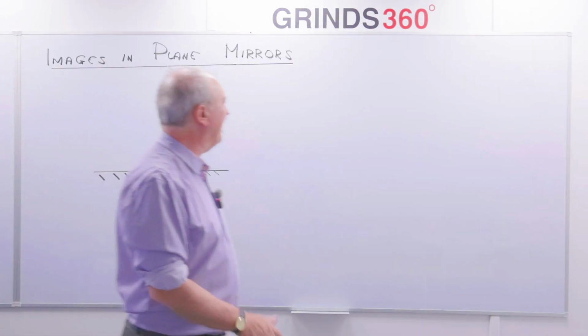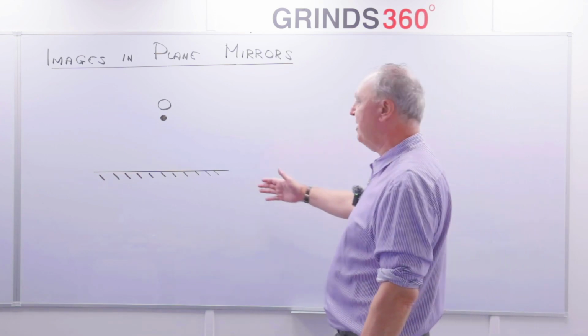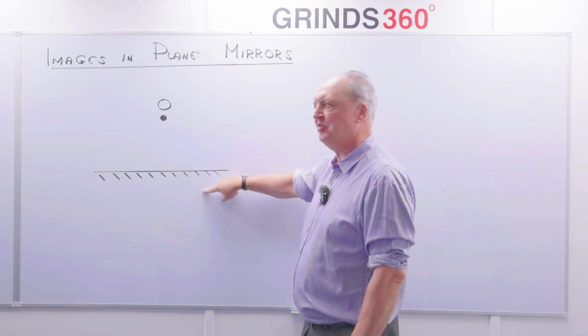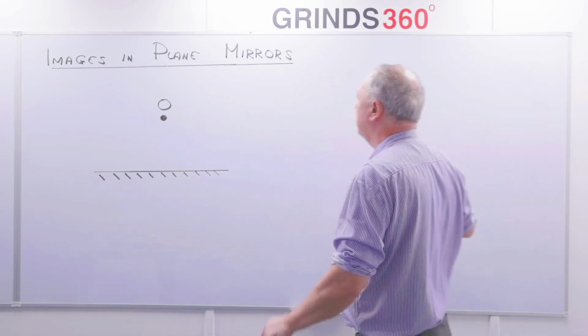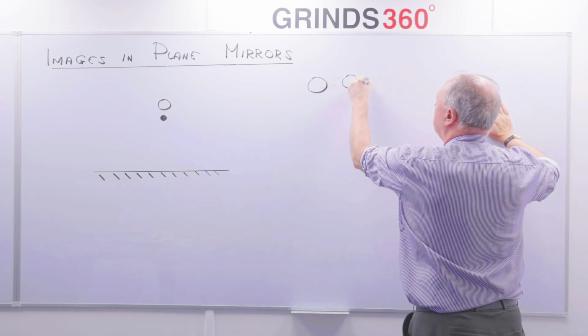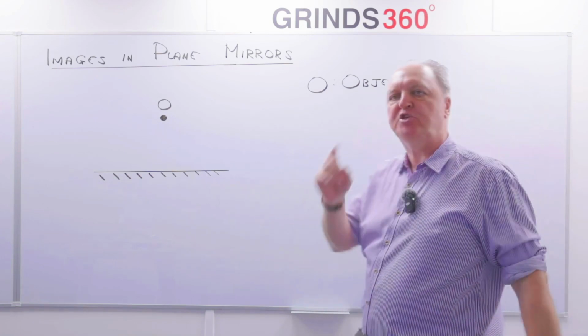Let's have a look at how images are formed in plane mirrors. So here's my mirror. There's the reflecting part on this side, and there's the back of the mirror. And I'm going to take an object. I'm going to call objects by the letter O. And I want to find out where its image is formed.